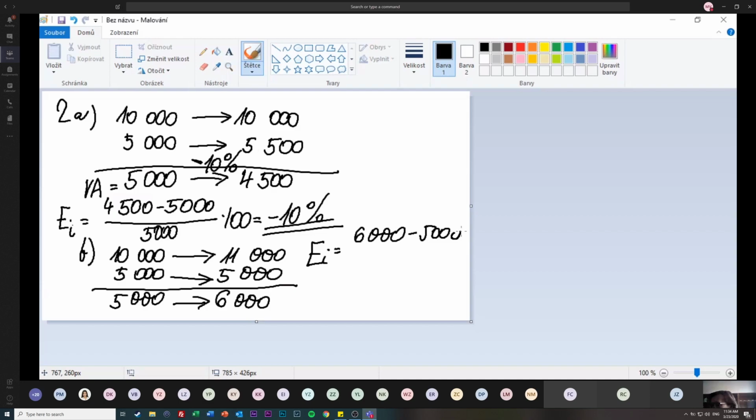And duty per one piece was 600. So if you do C over 600, that means 30 million over 600, it is 50,000 pieces were imported.